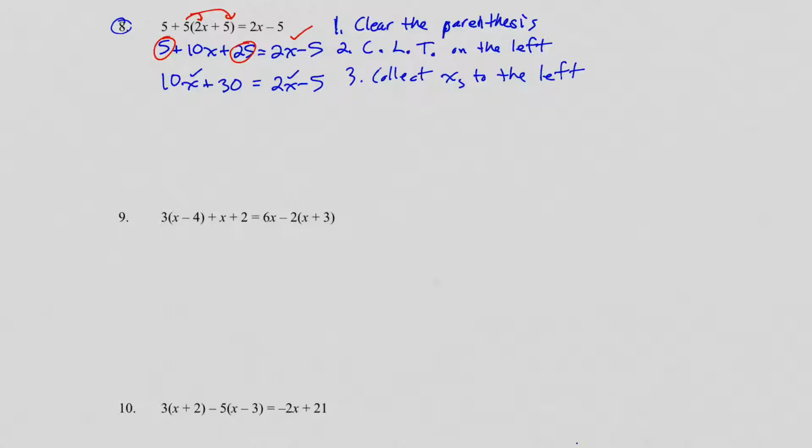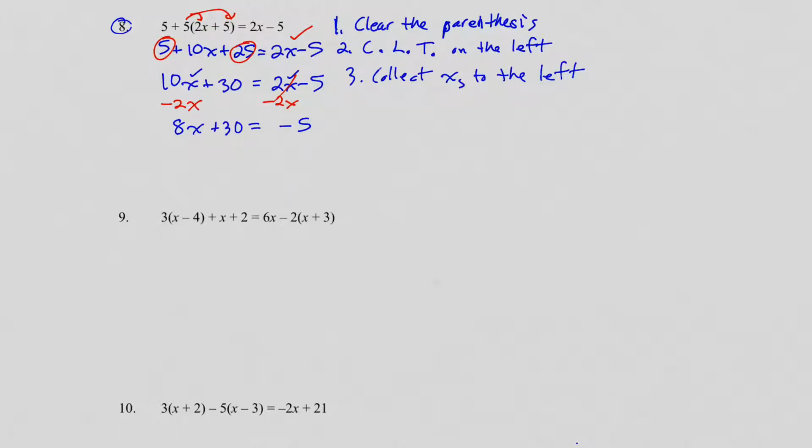Okay, because 2 is smaller, and if I subtract it here, it goes away. If I subtract it here, I get a positive x, and I don't want to get a negative x. So this is going to be 8x plus 30, bring down everything, and here's our negative 5, who's still left on the right side.